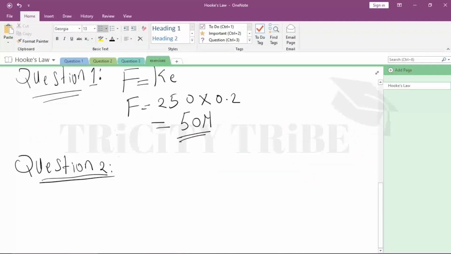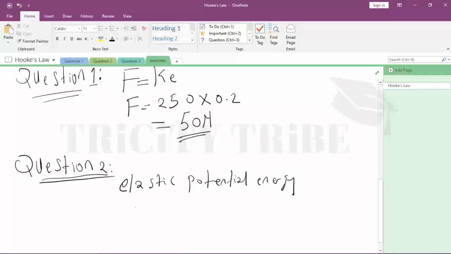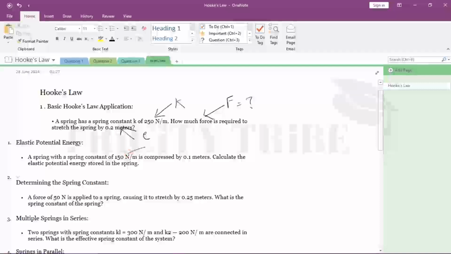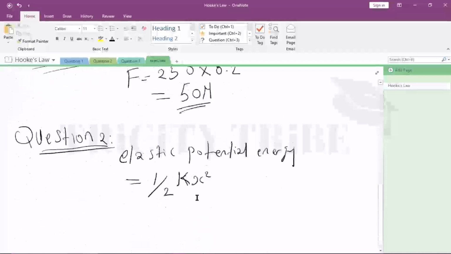Now, to do this, we have to understand that the formula for elastic potential energy is given as half K x squared. Once again, this is our K, and this is our x compressed.